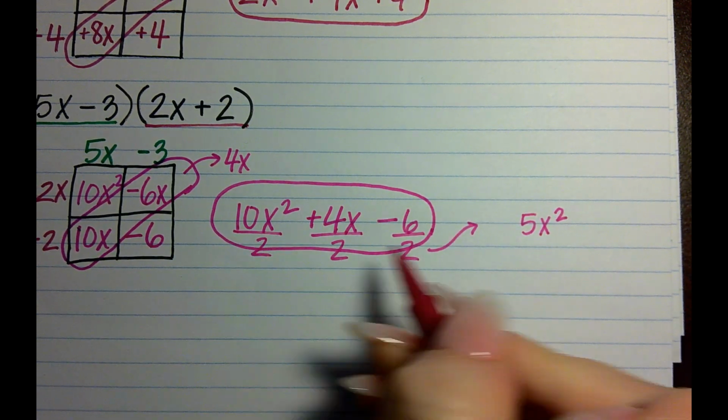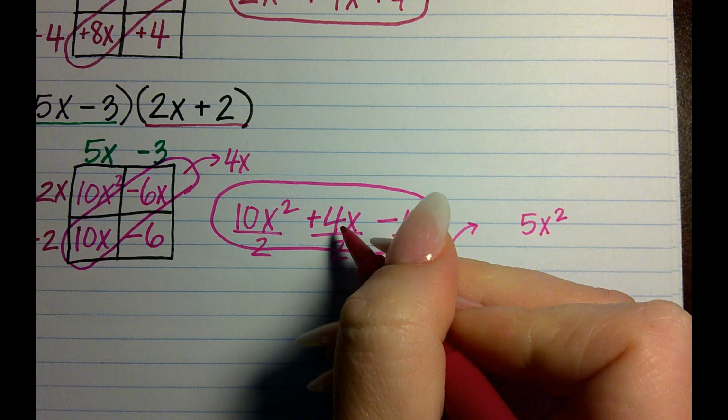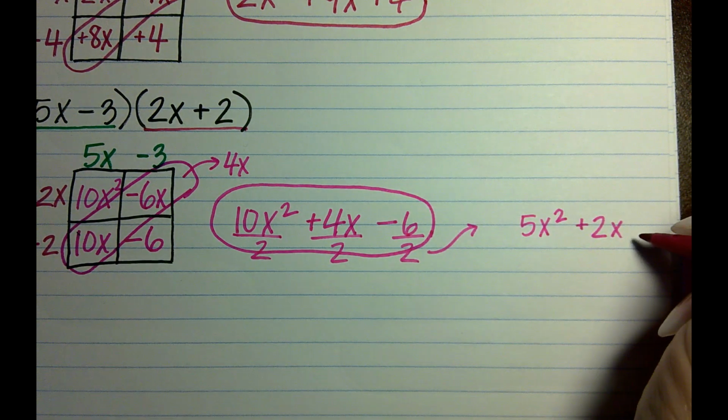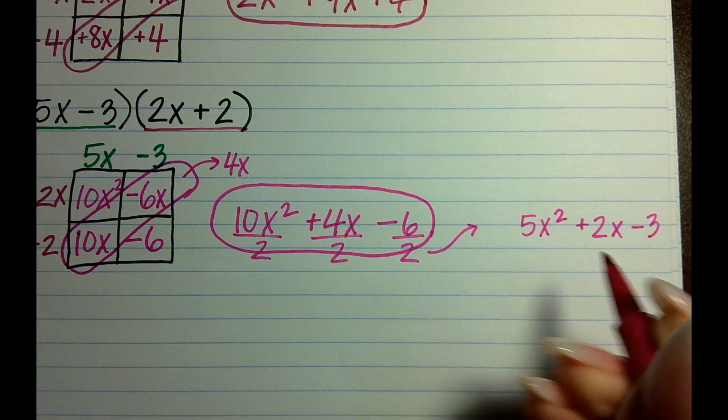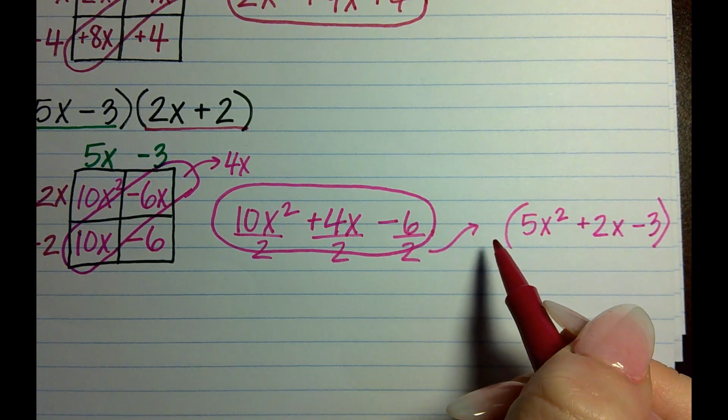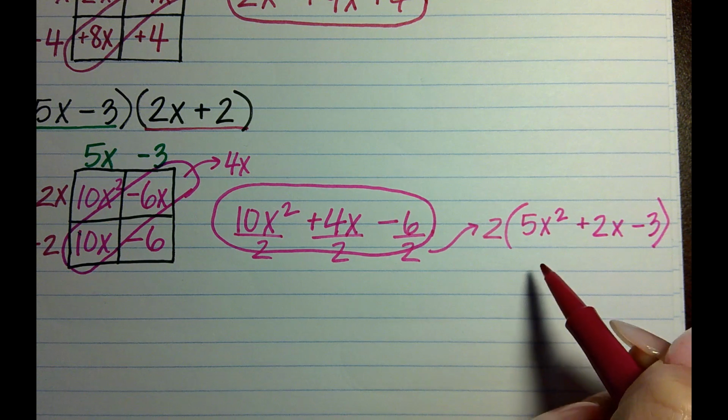Good. So 10 divided by 2 is 5x squared. 4 over 2 is plus 2x. 6 over 2 is 3. And then I have to put my GCF outside.